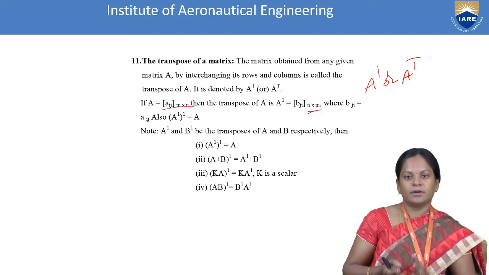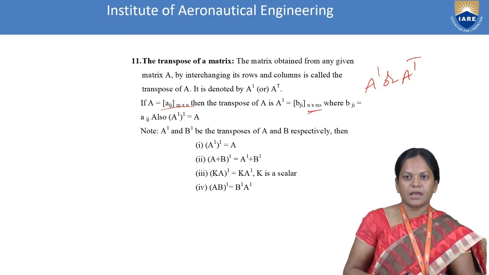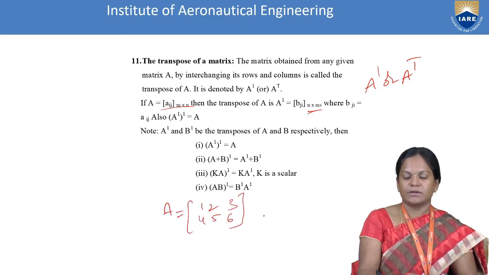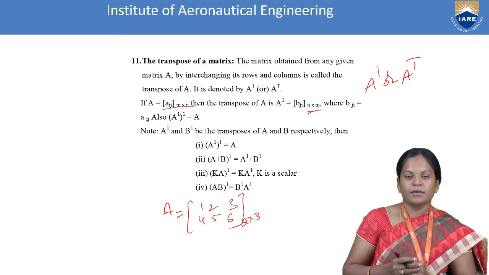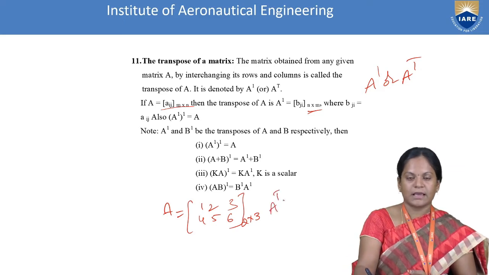Interchanging of rows into columns, and again interchanging of rows into columns, will give us the given matrix A again. So, for example, I am taking A equal to [1, 2, 3; 4, 5, 6]. What is the order of this matrix? 2 by 3. What is the transpose of A? Change rows into columns. What is A transpose?